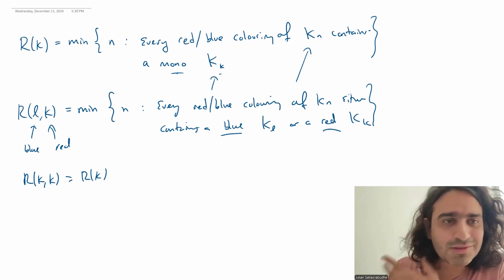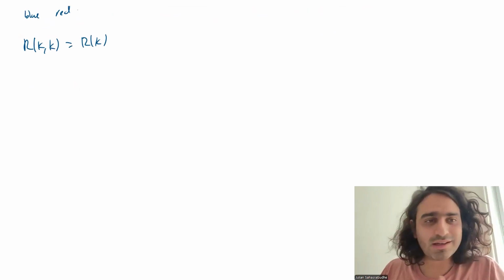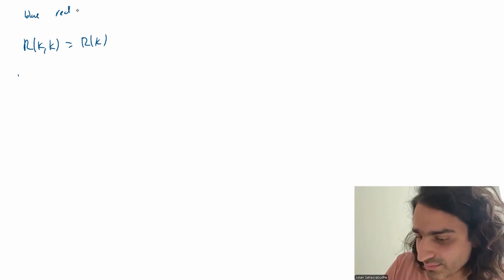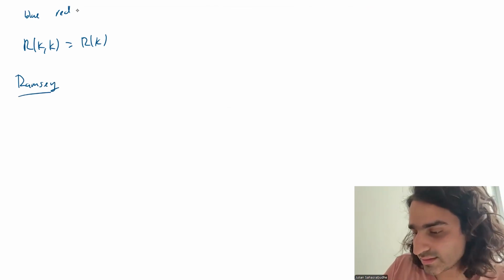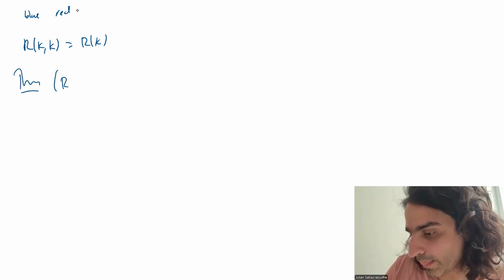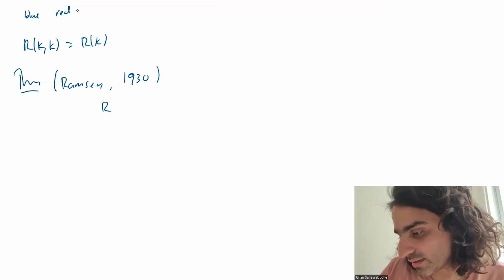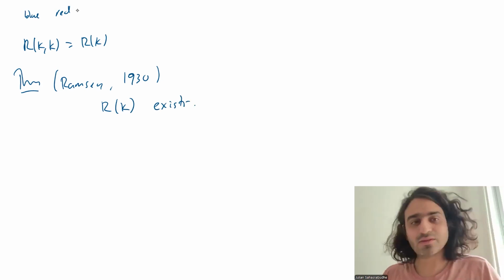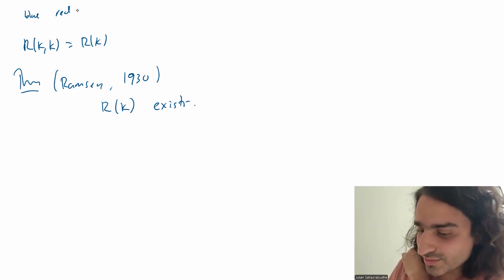So this is a well-known problem in combinatorics, and it goes back all the way to Ramsey, who proved that these numbers indeed exist. So, theorem, and this is in 1930. It's not at all obvious actually that they exist, but Ramsey proved that they do. So there always exists some large enough n for which this phenomenon holds.